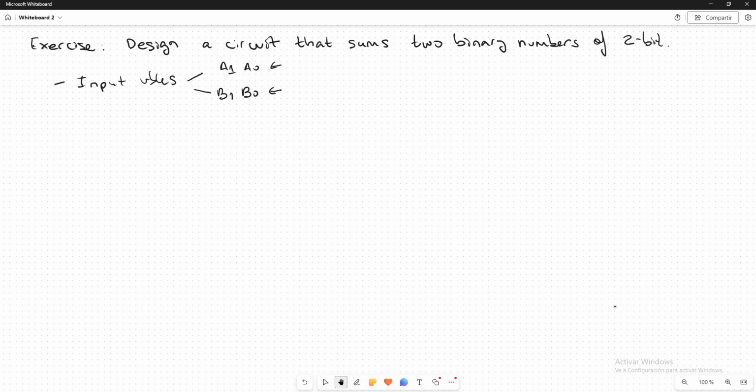Each bit is an input. And now we have to see what the output is. If A equals this, and B equals this, each is a number of 2 bits.